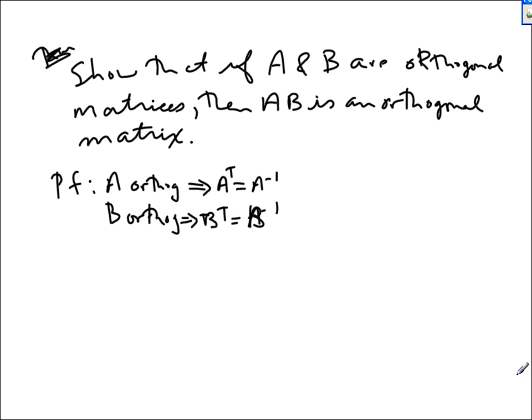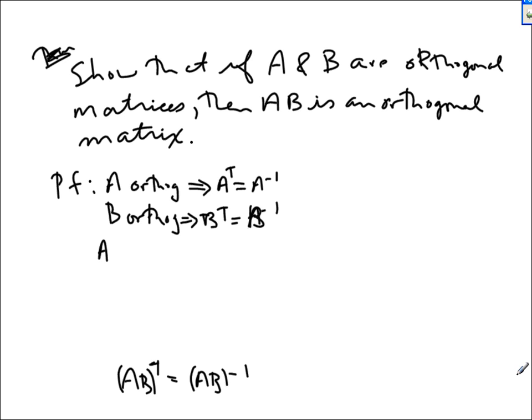Now, what I want to show is that it happens with the product. If you multiply A and B together, the transpose is equal to the inverse. That is what I want to show.